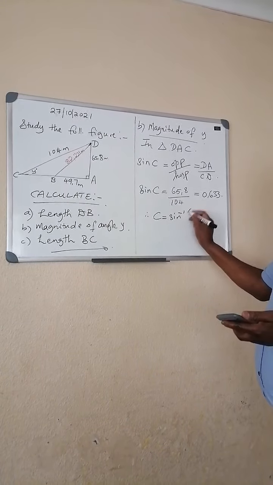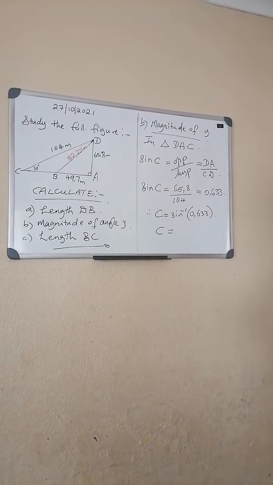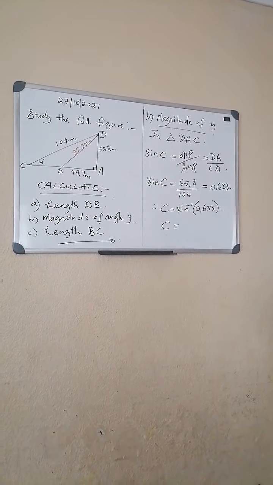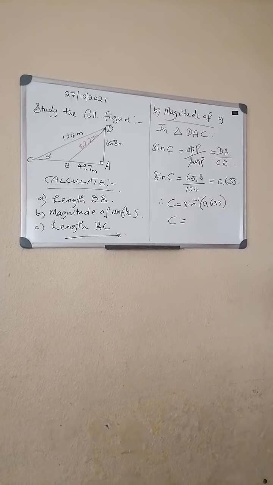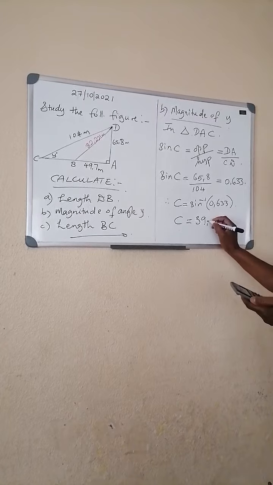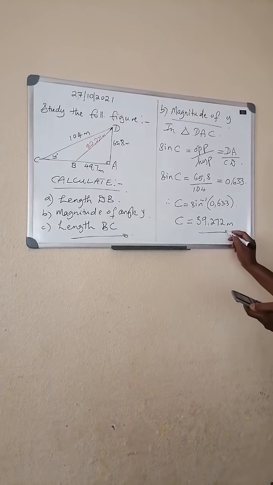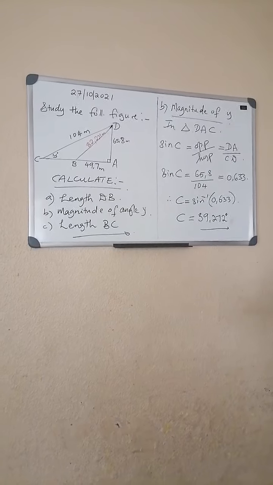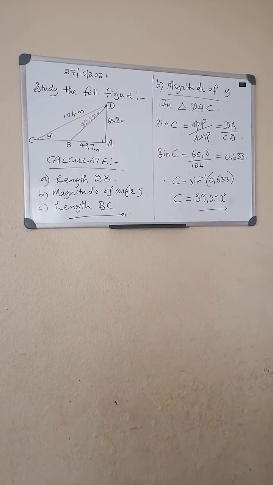Now therefore, what is C? C is arc sine 0.633. Now what is this C as an angle? C as an angle is arc sine 0.633. So this is 39.272 degrees.